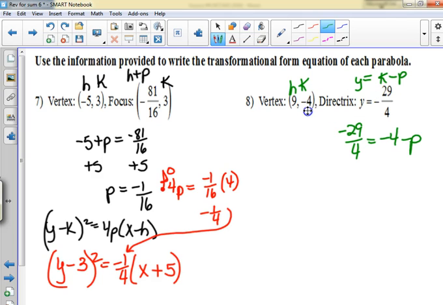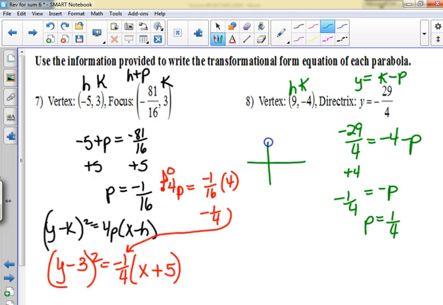Some of you want to do it in your head. The difference between is P. So how far is -4 from -29/4? That would be 28/4. So we have -1/4. P equals +1/4. Did anybody else get that?